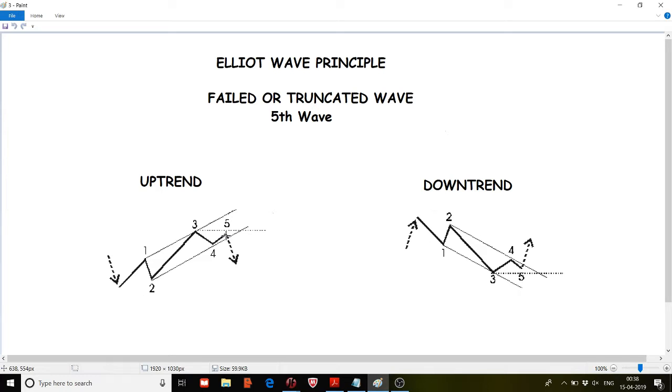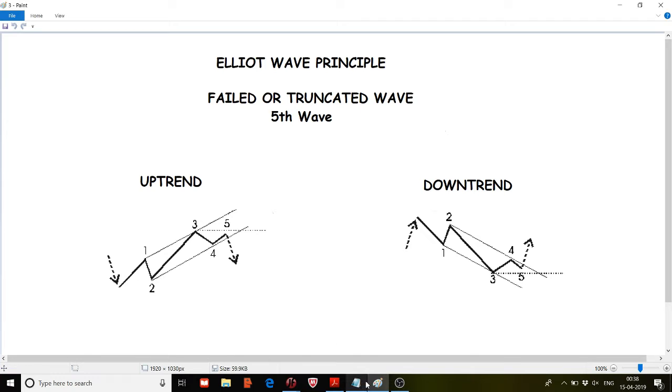Before that, I will show you the guidelines and rules for how you can identify the failed or truncated wave, and then we will go back to the live example, which will help you easily spot the failed or truncated wave. So let's begin.